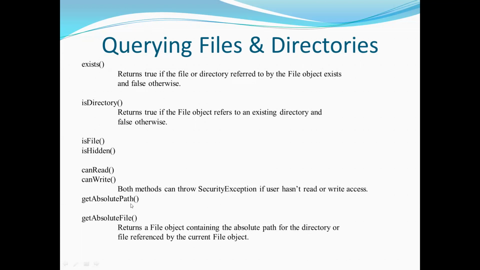Another one is getAbsolutePath and getAbsoluteFile. As you can see from the names, you can understand what they mean. The difference between getAbsolutePath and getAbsoluteFile is that getAbsolutePath returns the path in the form of a string, while getAbsoluteFile returns the path in the form of a file.